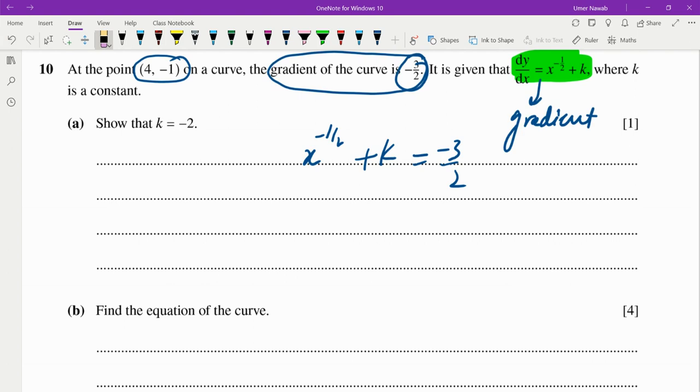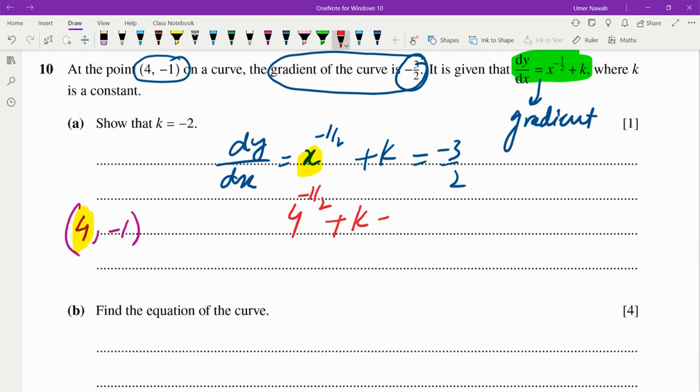Also, he gave you the point. Don't forget this point, as the x coordinate has to be replaced here. So 4 raised to the power minus 1 over 2 plus k is equal to minus 3 over 2.